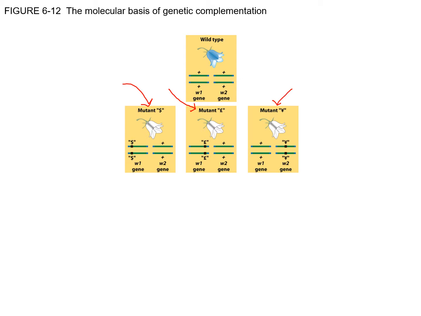In mutant $, we have two mutations in gene W1. In the £, we have two mutations in gene W1, but they're at a different location. And then in the yen sign, we are showing mutations in W2, but not in gene W1.